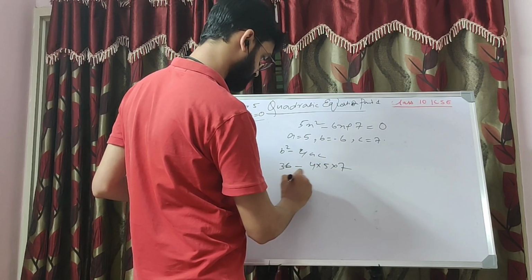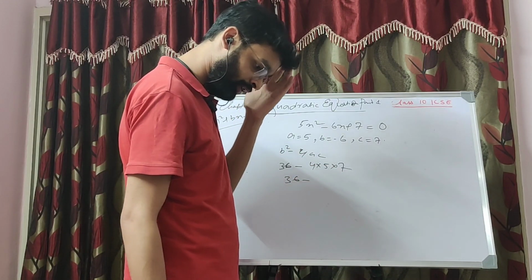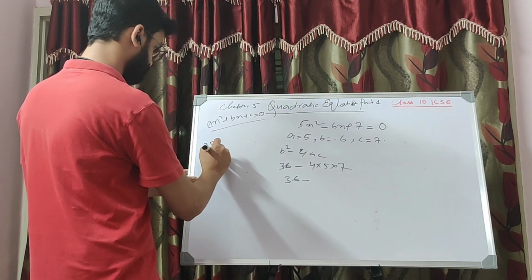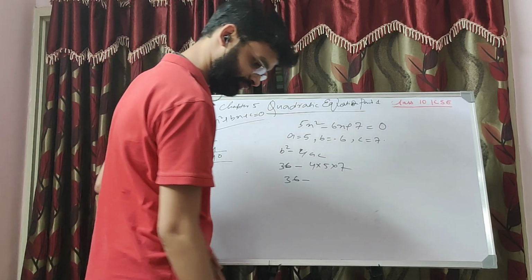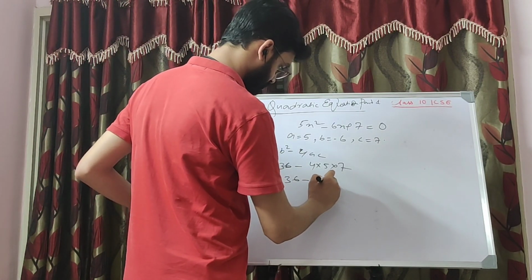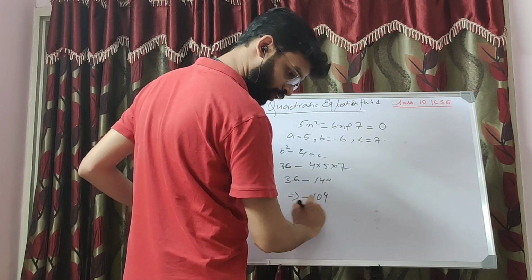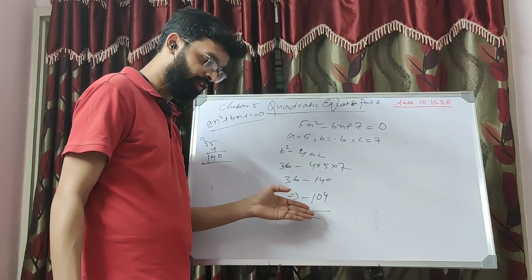So 36 minus 5 sevens are 35, 35 into 4, 140. So this value is minus 104. So I know that this is a negative value.